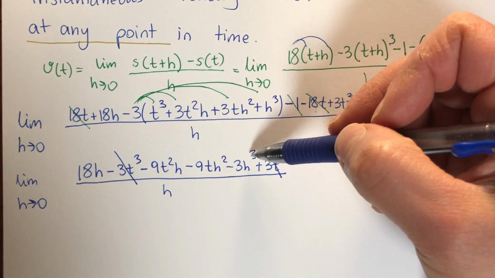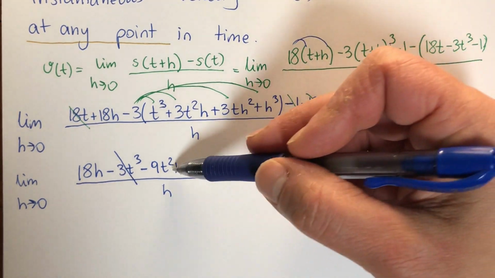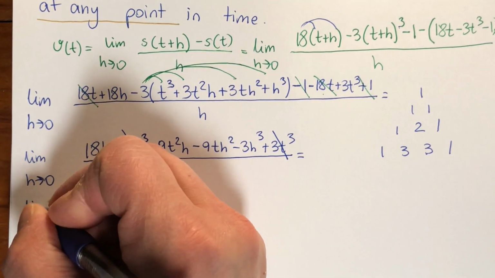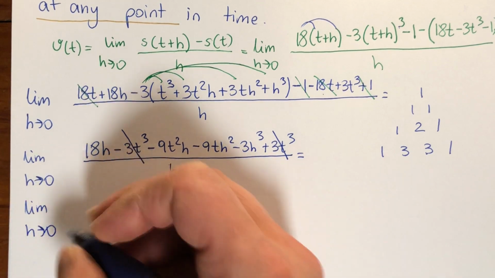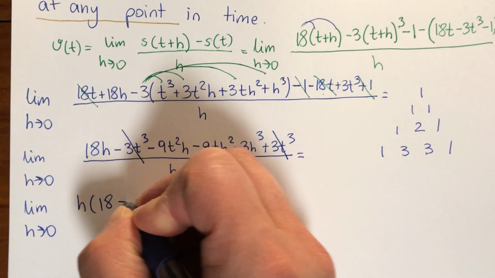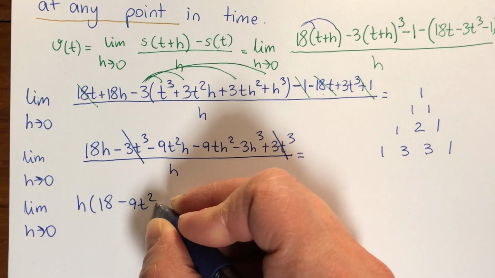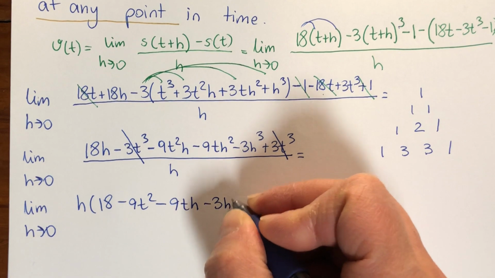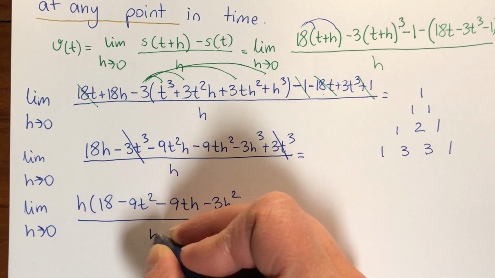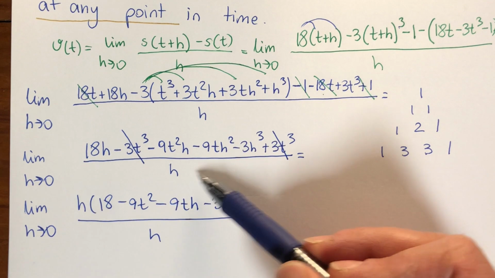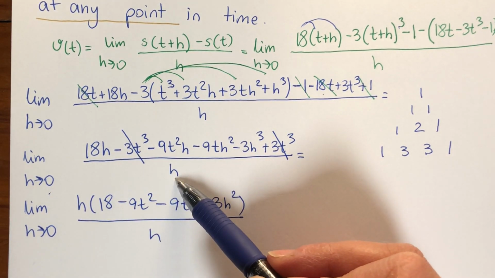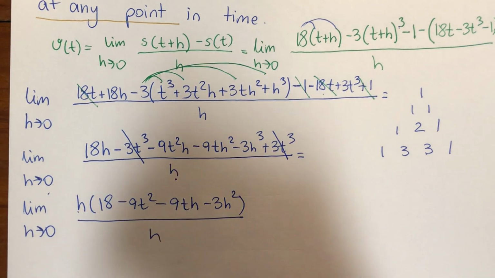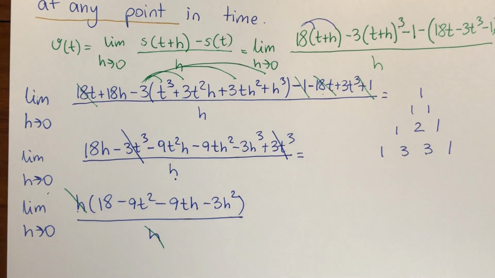And what I do want is to take h out of every single term, and I see it's possible. So limit as h goes to 0, h times 18 minus 9t squared minus 9th minus 3h squared, divided by h. Again, I did this because if you try to plug in 0 in place of h, that is problematic. So we factor h from every single term, and we got some expression that looks like this.